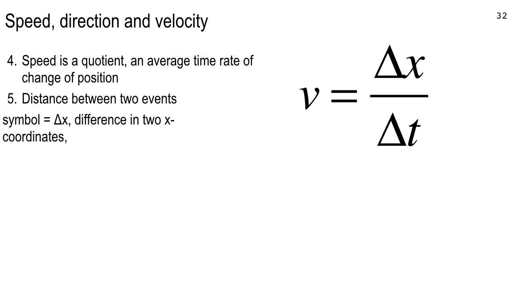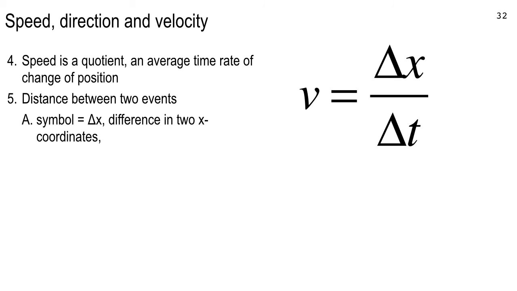Now, the distance between 2 points or 2 events is usually symbolized delta x. The difference in the 2 x coordinates. And I'm emphasizing the word difference. Capital delta for D, D for difference.